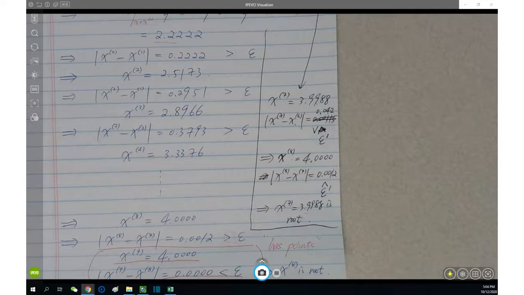So with increased accuracy, you have fewer steps. However, the solution resolution is harmed. It's harmed, not having enough resolution.